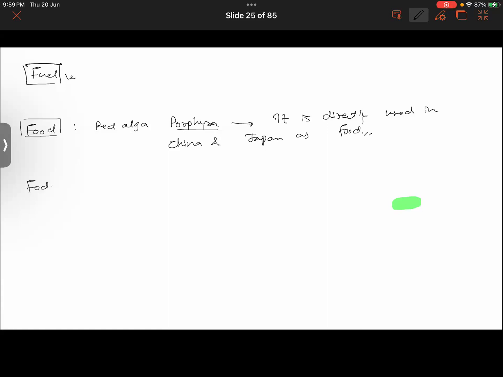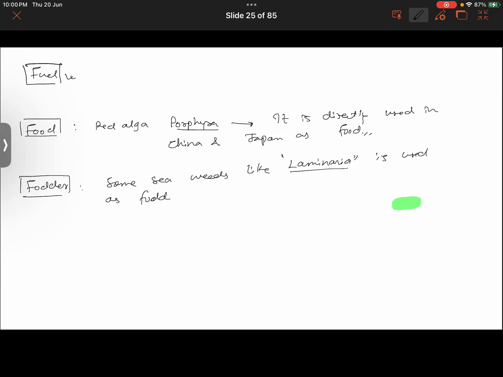Then another use of algae is that it is used as fodder also. Some seaweeds like laminaria are used as fodder.